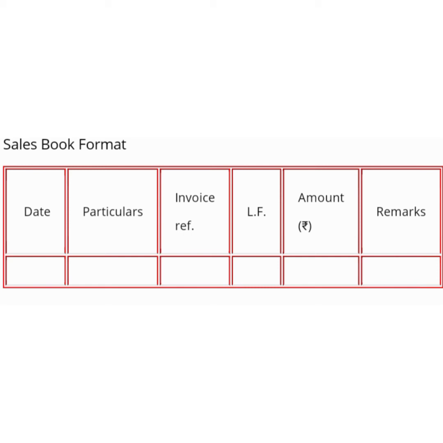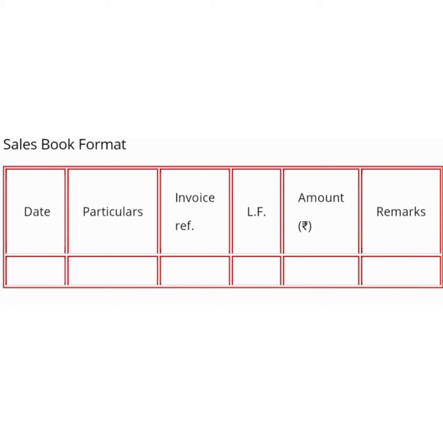Ledger folio column records the ledger page number of the person or parties mentioned in the sales book so that posting in the concerned account can be made. Amount column records the amount of different items sold to a single party, and the total is transferred to the total column.